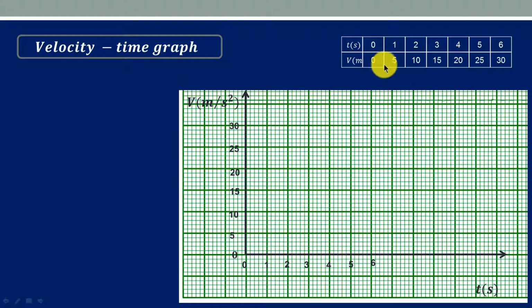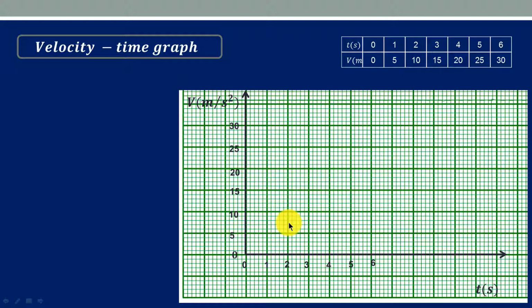You can see that since the maximum velocity after 6 seconds is 30, we can move in stages of 5, 5, 5. That will be a comfortable interval. On the t-axis, we could have chosen another scale, but I thought this one would also be suitable. Anything which is legible and can allow us to plot this graph neatly would be welcome.